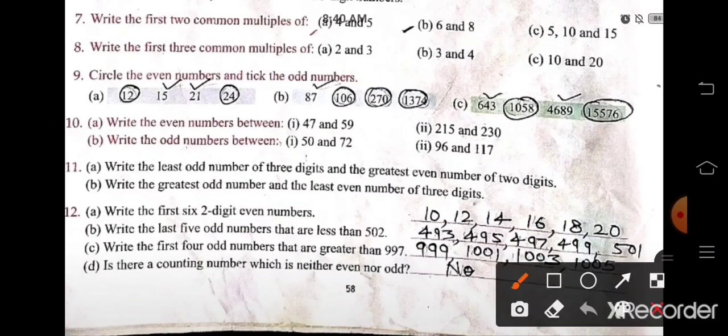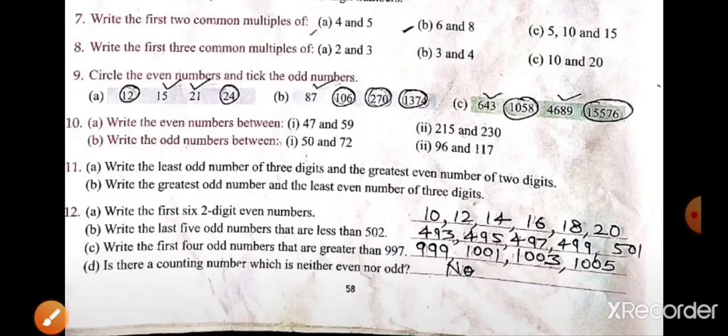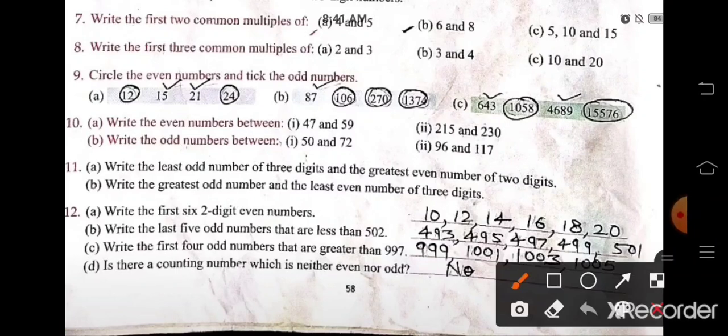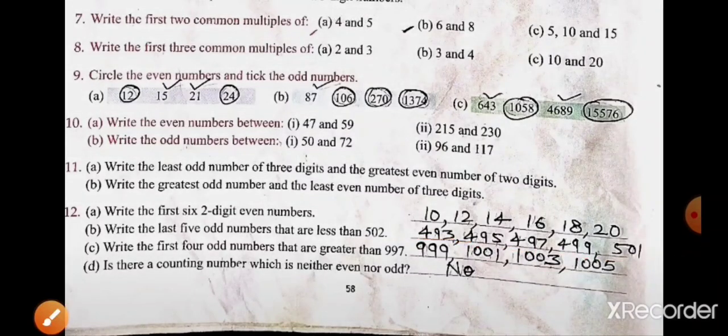Now write the last 5 odd numbers that are less than 502. So odd numbers less than 502, 493, 495, 497, 499 and 501. Okay, now write the first 4 odd numbers that are greater than 997.